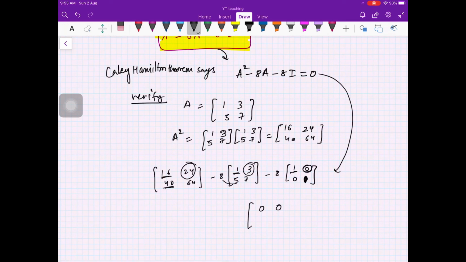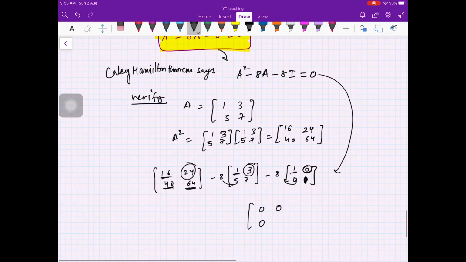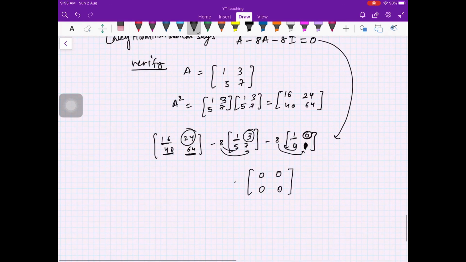Third term, 40 minus 40, 0. The fourth term, 64 minus 8 sevens are 56, minus 8, so that is 0. So you get that this obviously is a 0 matrix, because we are talking about matrices. So it means that we verified that the matrix A satisfies its characteristic equation.